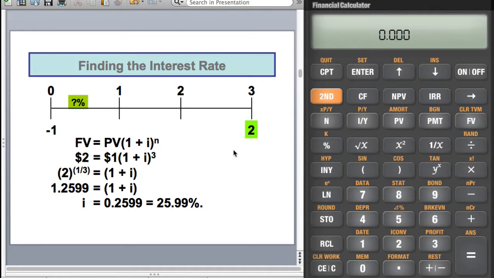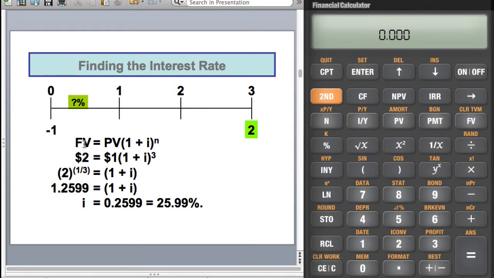The next part of this tutorial is about finding the interest rate. How would you find the interest rate if you're given an initial amount, you're given the final amount, and you also know the number of periods of compounding?